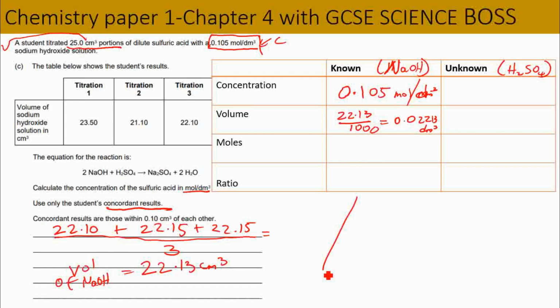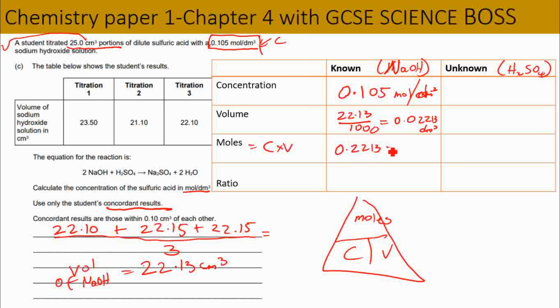Then we now need to work out the moles. Remember, CV: moles is equal to concentration times volume. So it's going to be 0.02213 times 0.105. Volume times concentration, concentration times volume.